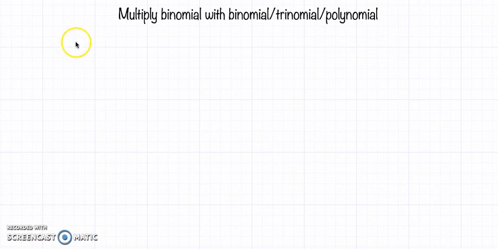So the last part here is to multiply a binomial with another binomial, trinomial, or in general any polynomial. So let's do some example problems. Let's say you have to multiply 2x plus 3, this is a binomial, to another binomial 7x minus 5.